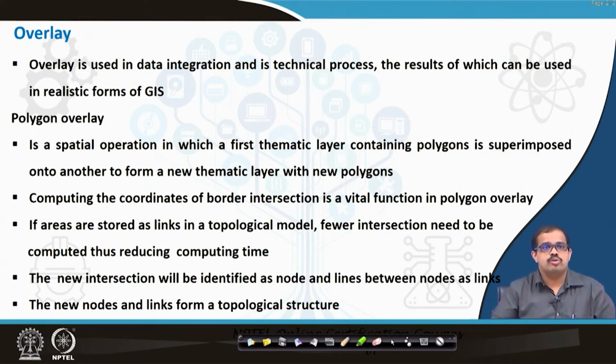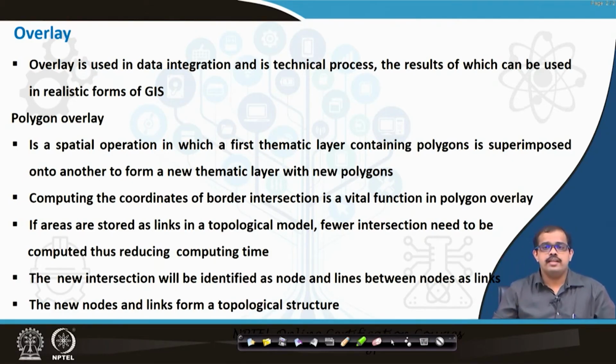If the polygons you have created in both of these layers are linked in a topological model, fewer intersections need to be computed, thus reducing computing time. Otherwise, your computing time will be extremely high.